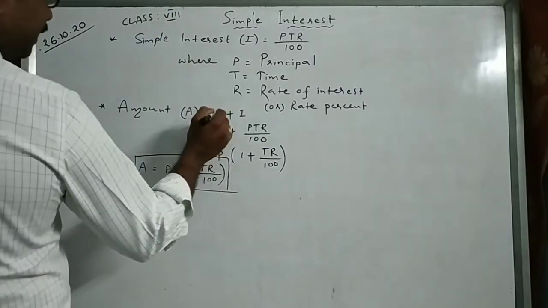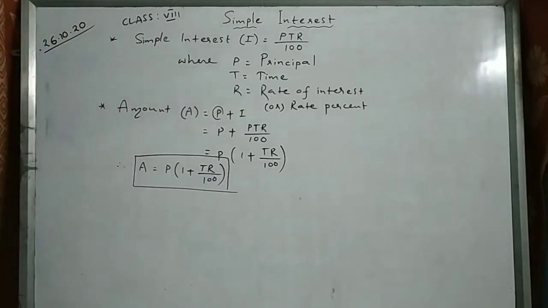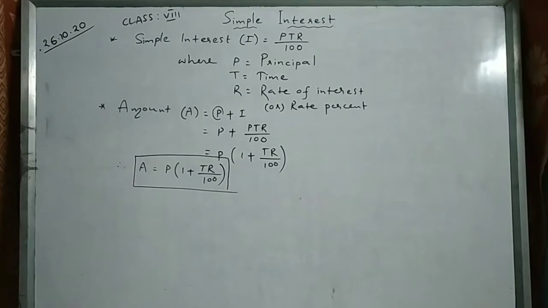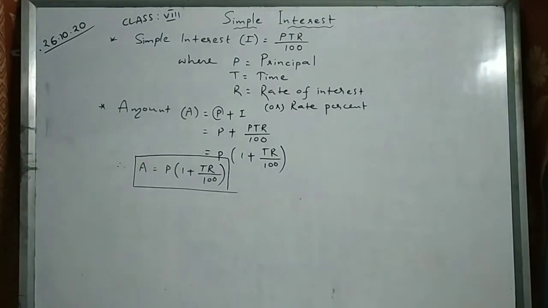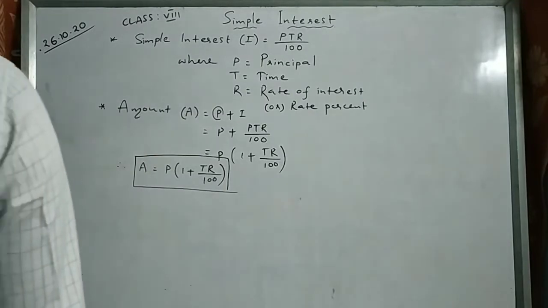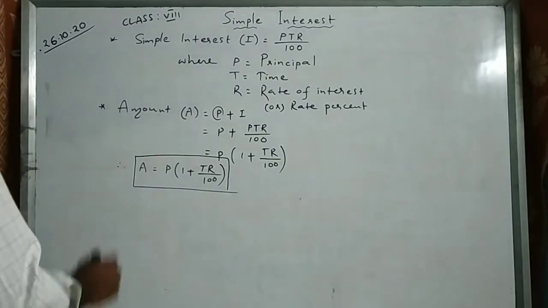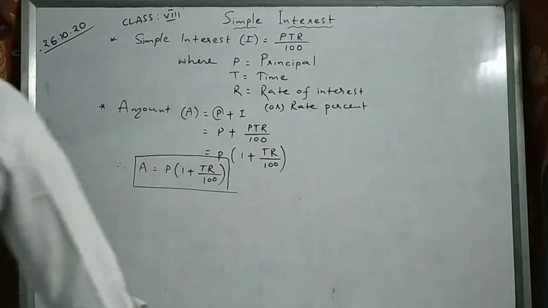What we have borrowed plus interest on that amount together is total amount paid by the person to the owner. So P means principal amount, T means time, and R is rate of interest. Clear? So these two formulas we will use to find the simple interest.